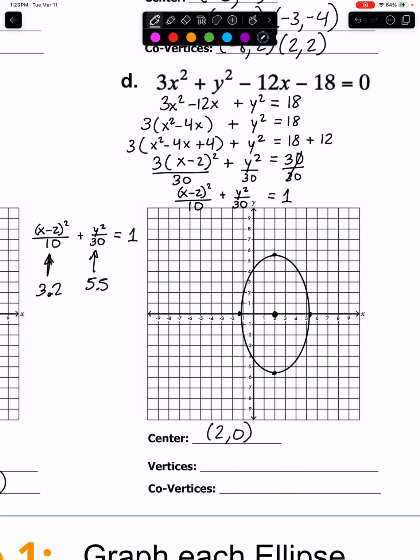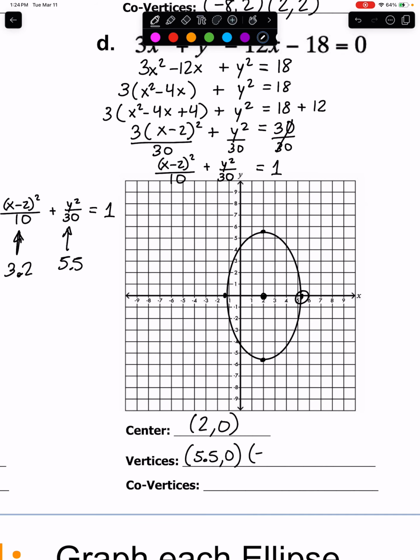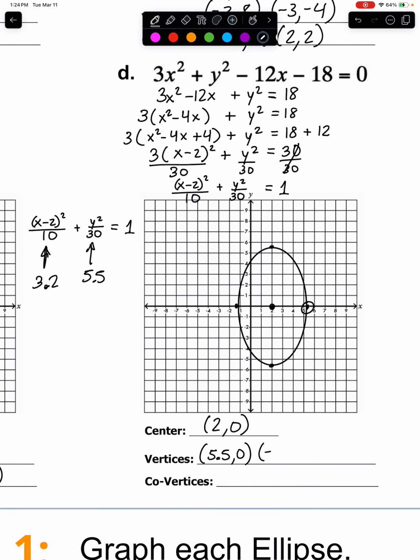Okay, so let's see what points we have. We have approximately vertices, and in this case we can actually write it out as a square root. So square root of 10, this one right here, at 3.2 away, so we could write this approximately as 5.2 comma 0.